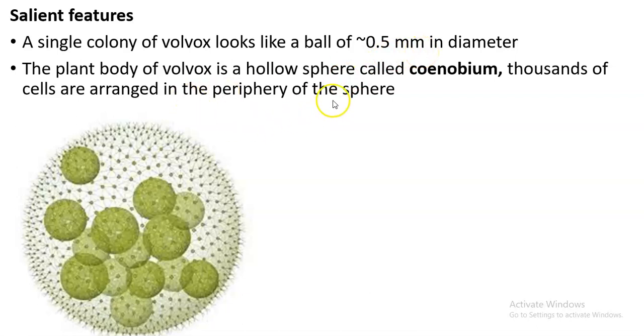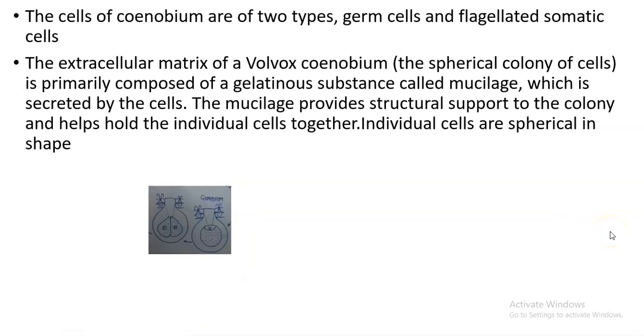The plant body of Volvox is a hollow sphere called a coenobium. Thousands, close to 60,000 cells, are arranged in the periphery of the sphere. The cells of the coenobium are of two types: germ cells and flagellated somatic cells. I have already told you, at the anterior end you will have somatic cells which are flagellated, and at the posterior end you will have this kind of cell.